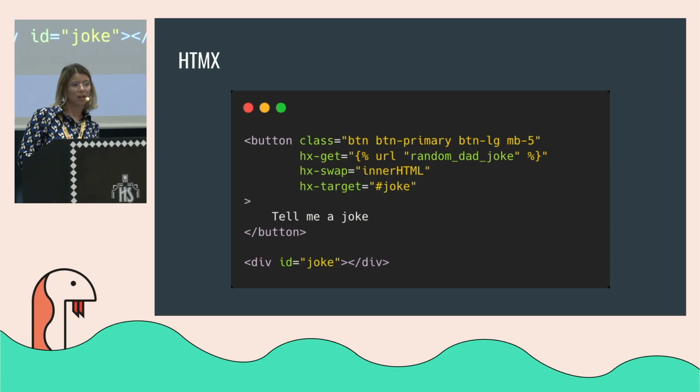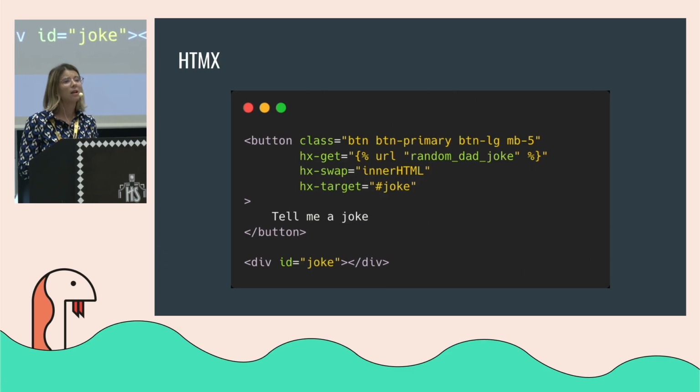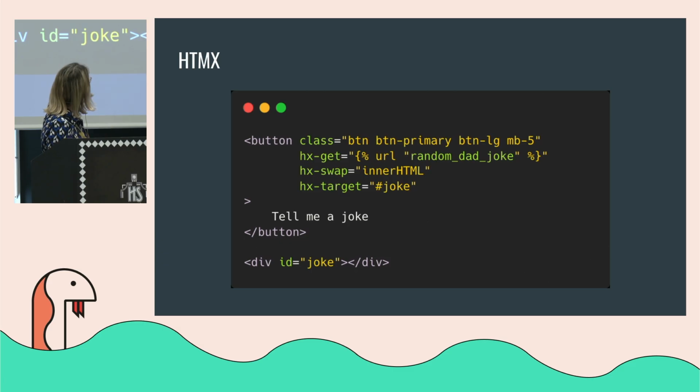The hx-target is how we set which part of the HTML will be replaced. If we left the hx-target out, the button's content would be replaced by the response in this case.